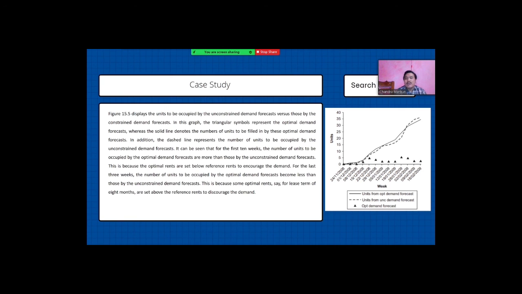For the last 3 weeks, the number of units to be occupied by the optimal demand forecast becomes less than that by the unconstrained demand forecast. This is because some optimal rents, say for the lease term of 8 months, are set above the reference rent to discourage demand.